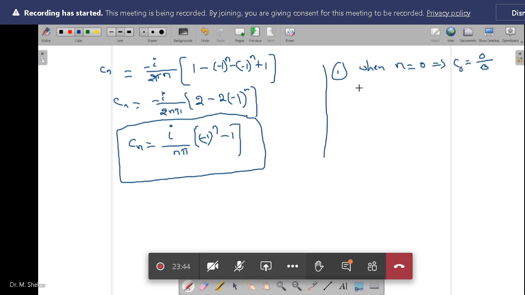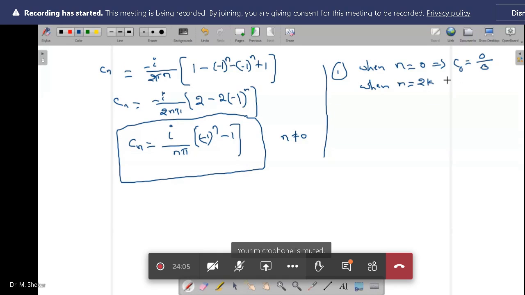So that means Cn is valid for n not equal to 0. Then what happens when n is an even number, say 2k, where k is 1, 2, 3, minus 1, minus infinity to plus infinity?